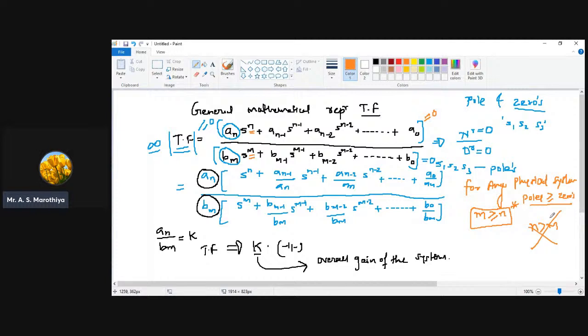And zeros are those complex frequencies where the magnitude of the transfer function is going to be 0. And the relationship between the number of poles and zeros is that for any physical system, the number of poles is always going to be at least equal to the number of zeros, or always more than the number of zeros. That is very important.